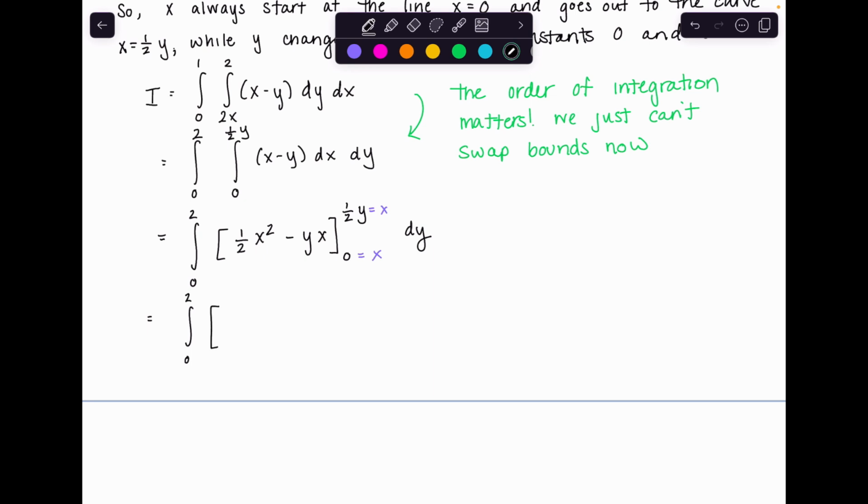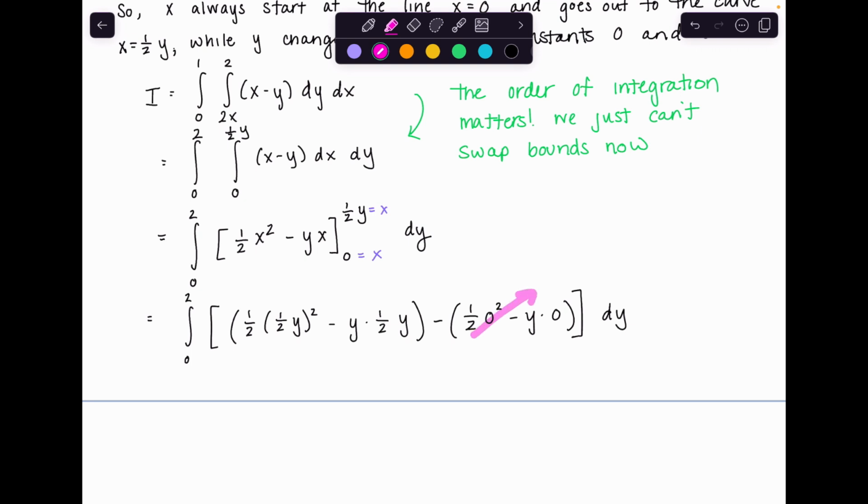So going through and plugging this in, that would give us 1/2 times 1/2 y squared minus y times 1/2 y. And at least when we plug in 0 for x, both of these disappear.